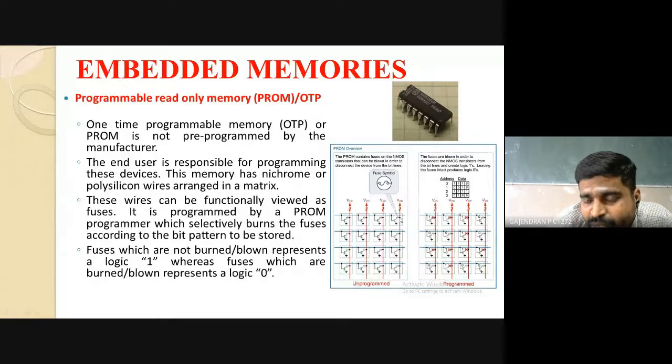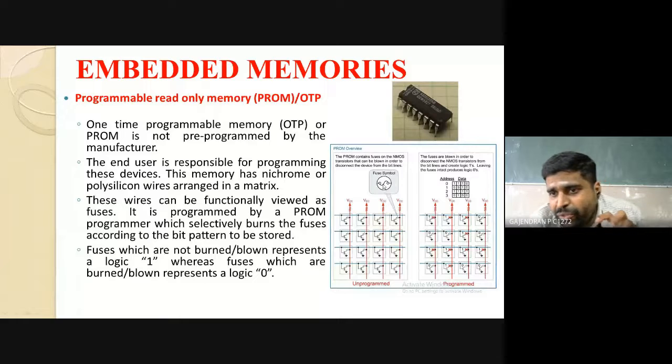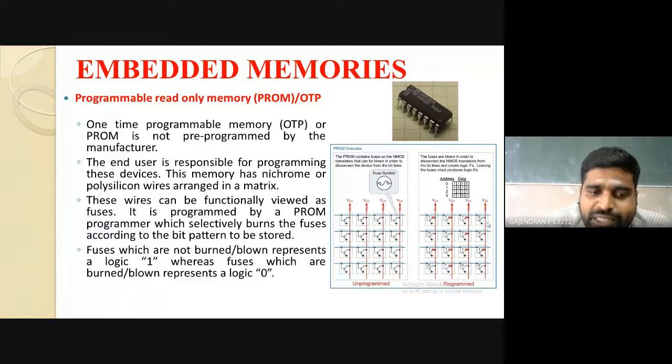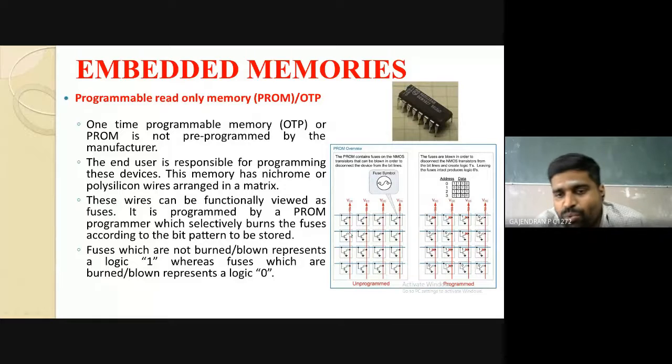If you want to program, you can either cut the fuse or retain the fuse, and depending on that you can store your logic. Okay, if the fuse is not burned, it is logic 1. If the fuse is burned, it is logic 0. Like that, you can store your information, using nichrome or polysilicon wires.